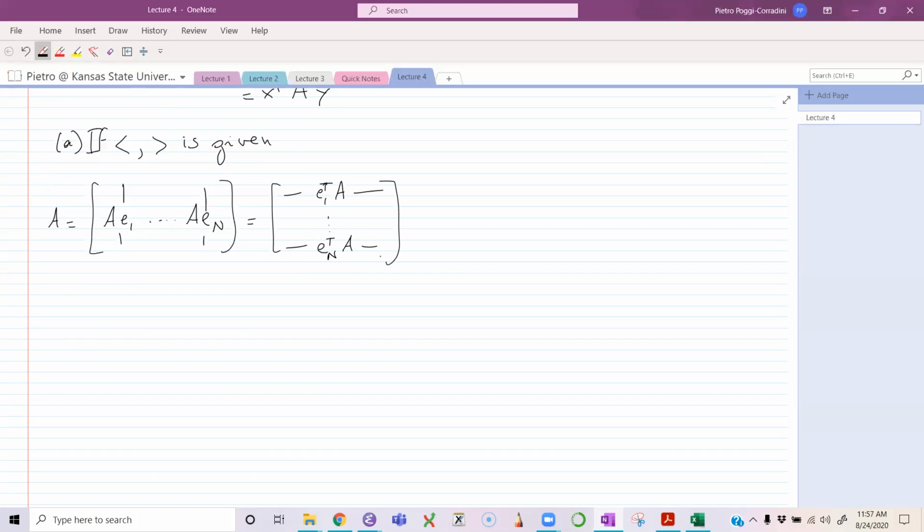All right, but what about the actual entries? So A_ij, the ith entry, it's the ith row and the jth column, right? So it's the quadratic form applied to the standard basis vectors.